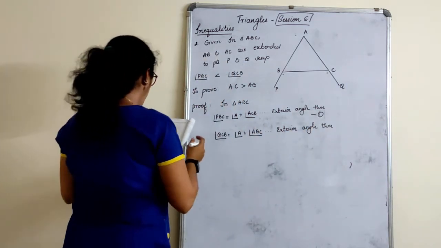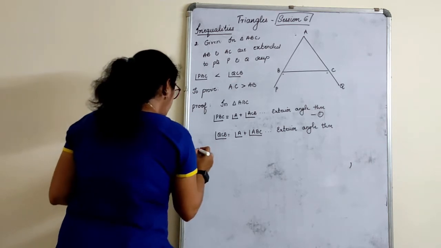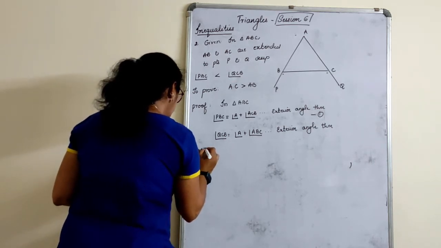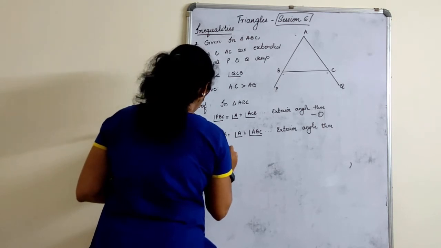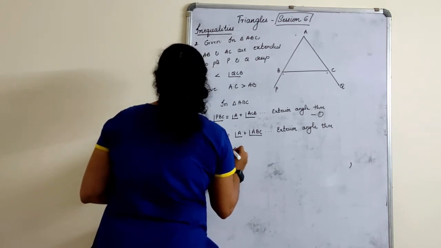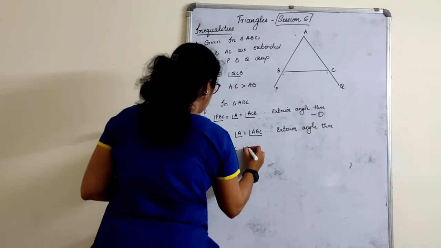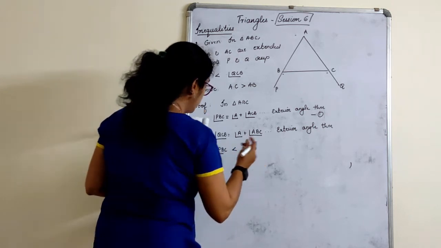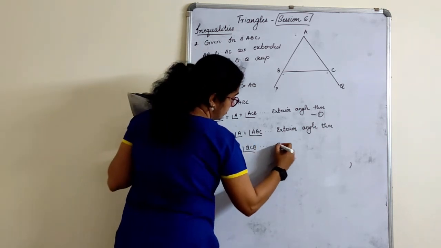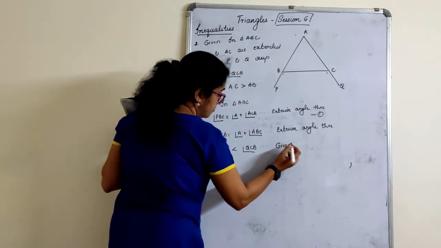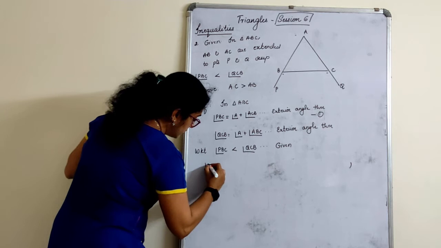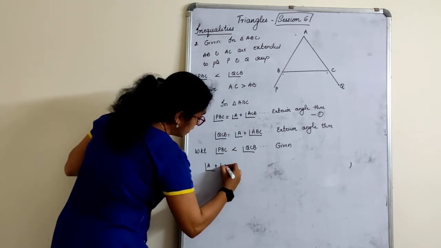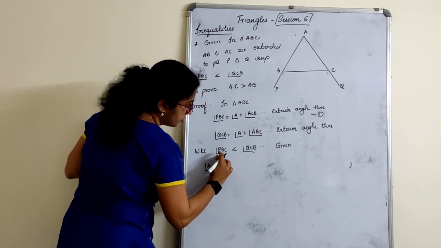Okay. Now what they have given here, we know that PBC is less than angle QCB, right? Given. What is PBC? It is angle A plus angle ACB, right?